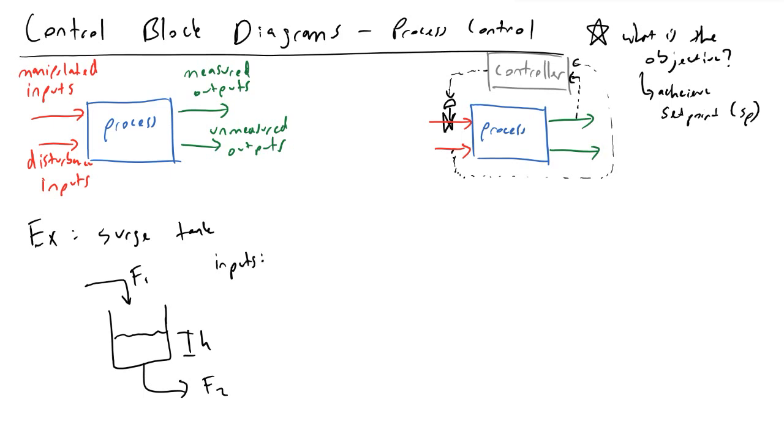The inputs in this process are F1 and F2. I'm deliberately not drawing any valves at this point, because when I was first learning this, you intuitively want to say F1 is your input and F2 would be some output, but that's not necessarily true, because F2, depending on how you draw your process or your control volume, can be an input.